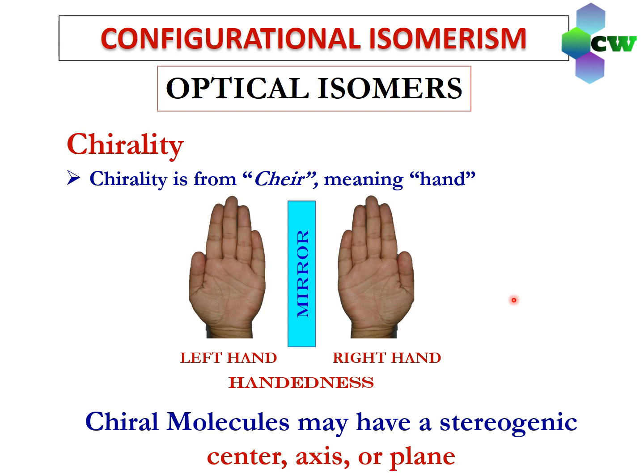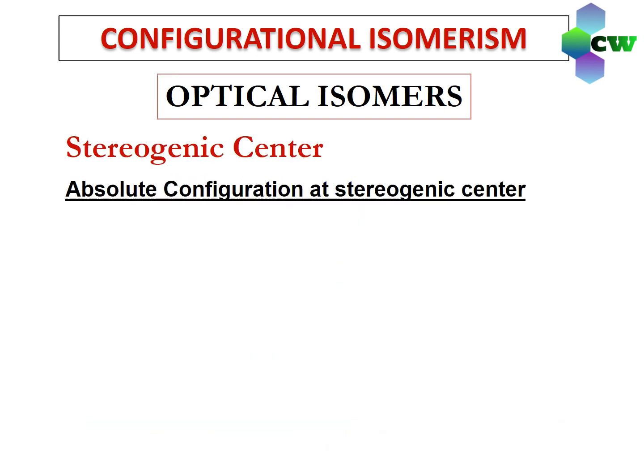This chirality may be because of the presence of a stereogenic center, or a stereogenic axis, or a stereogenic plane. We'll talk about this later on in another video, but for today we will be mostly focusing on how to determine the absolute configuration of the stereogenic center in the molecule.